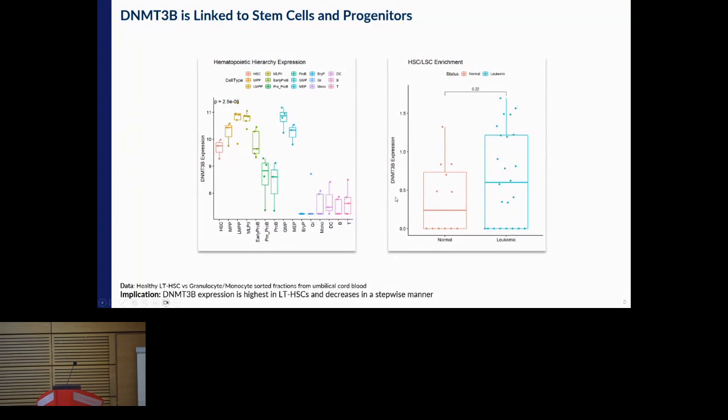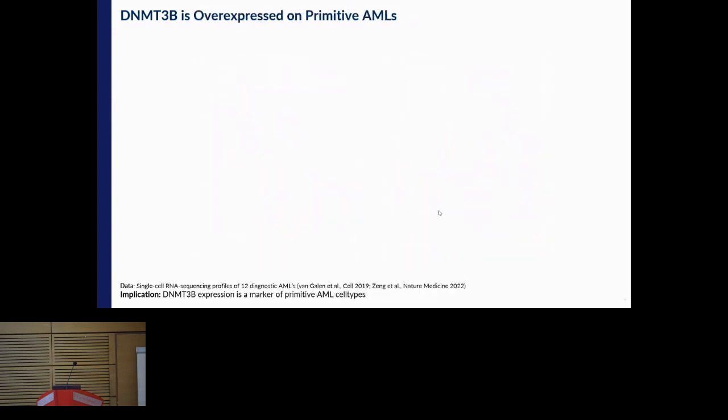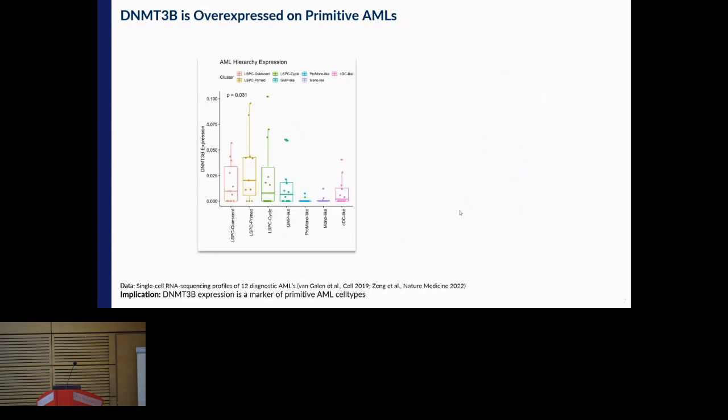Now, after looking at the expression of our drug in the normal hierarchy and the reference to leukemia, we can do a similar approach, but in our single cell AML data. And so this cohort is 12 diagnostic AMLs from the Broad Institute that were subjected to single cell RNA sequencing, and then we refine the classification of those cells all the way from those that are more stem cell-like in the leukemic hierarchy to those that are more mature-like.